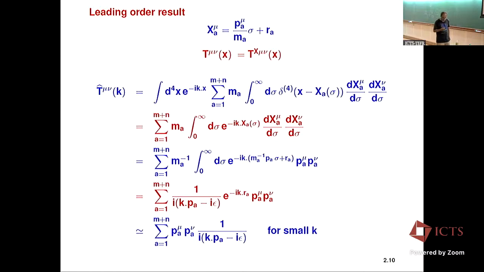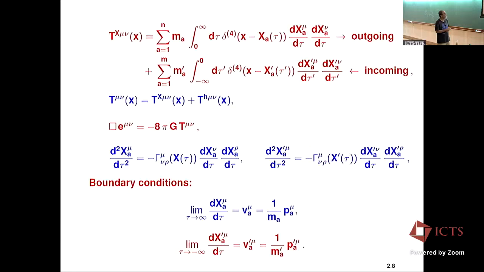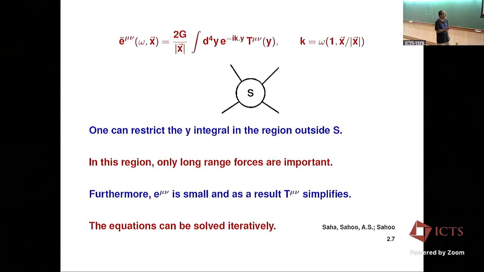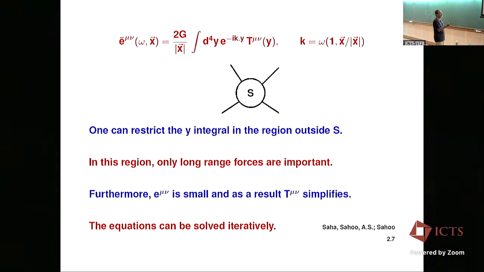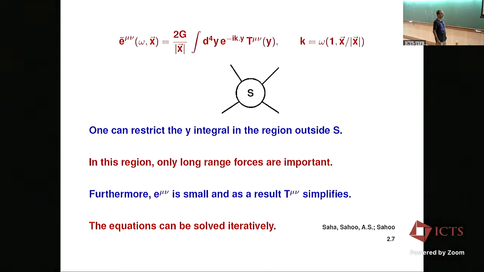If you look at this picture, what is R_a telling us? R_a is telling us that if we extrapolate these trajectories back to the origin where the scattering took place, all these trajectories may not meet at the same point, because during the scattering they may have gotten displaced. Those R_a are basically controlling the size of the scattering region. That's all you need to know. We don't really need any detailed information about those R_a.